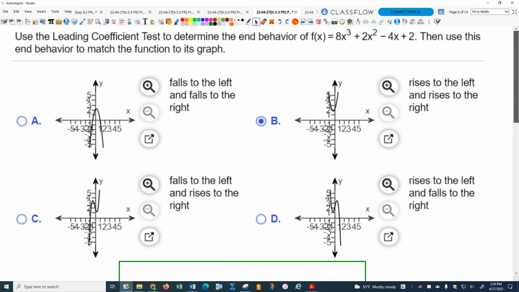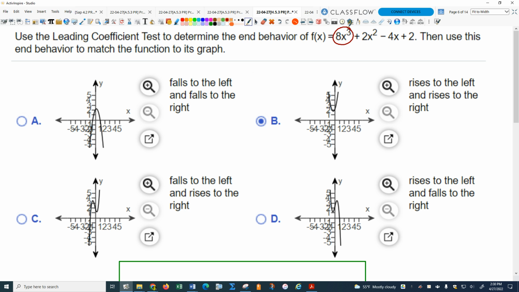All right, what about this one? Use the leading coefficient test to determine the end behavior. All I care about here is the leading term. I've got a positive, odd leading term. Positive, odd tells us which one.